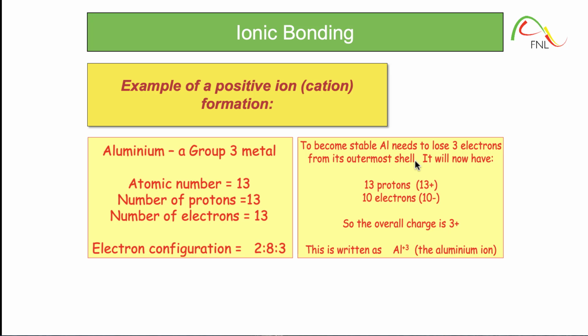If it does that, it will still have 13 protons, which is 13 pluses, and because it's lost 3 electrons, now it has only 10. If your maths is pretty good, you'll know that 13 pluses and 10 minuses means you've got an overall charge of 3 plus. So this is written as Al 3+, and that is the aluminium ion.